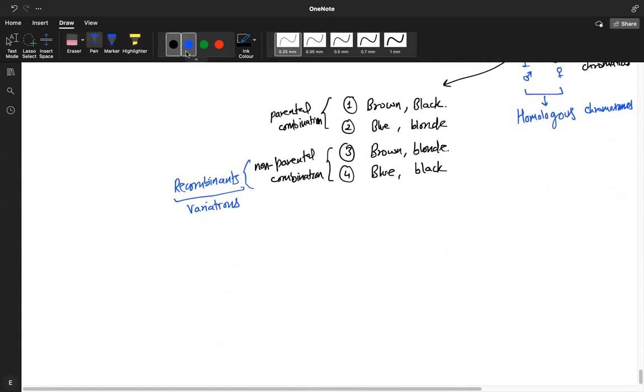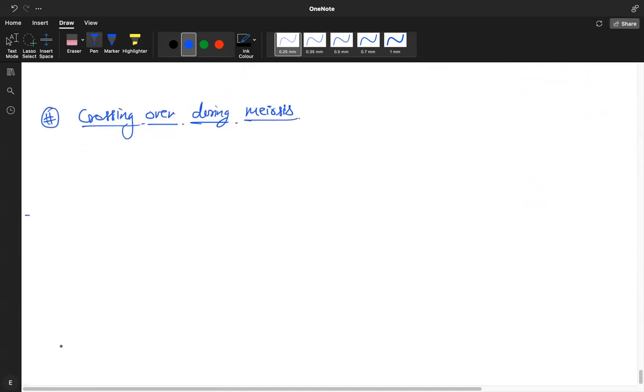Before I explain the third point, it is called crossing over during meiosis. It is a literal physical crossing over happening between the non-sister chromatids of homologous chromosomes. So write down this one point first.